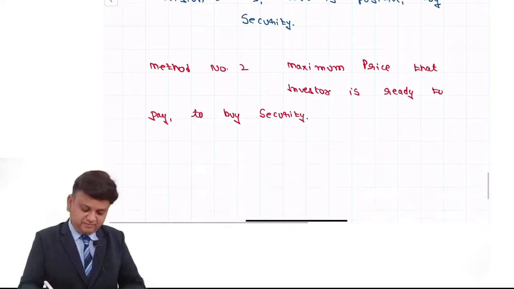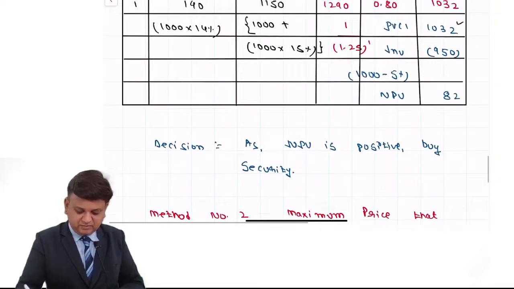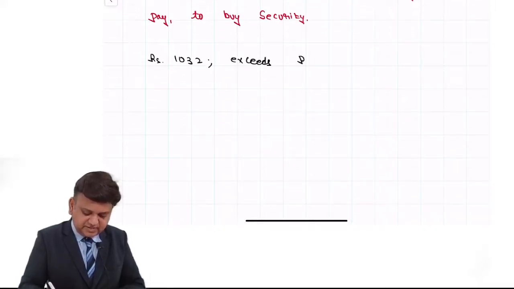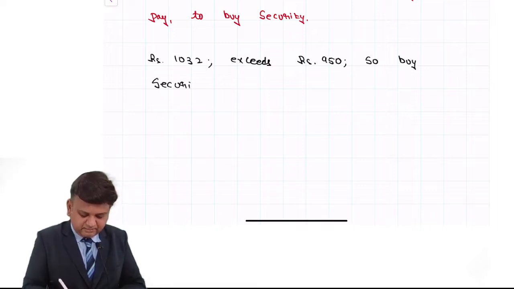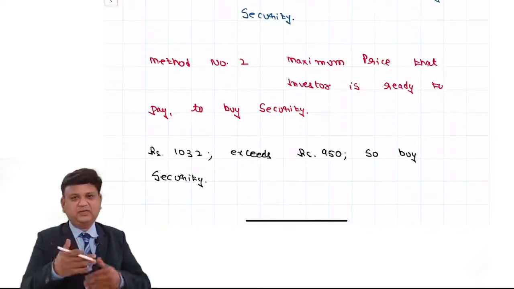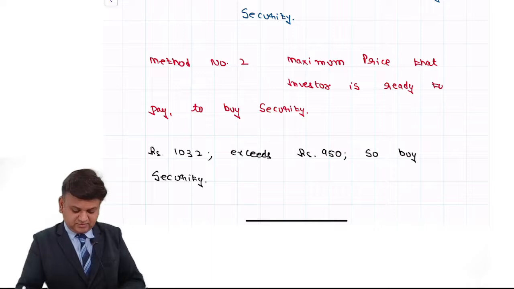So in that we understand rupees 1032, the value we have calculated, exceeds rupees 950. So buy security. The process of calculating 1032 is the same, so I'm not dictating that again. I'm just showing you that if we do the answer with the present value of cash flow method, the maximum price that you're ready to pay method, then this is the way you're required to present the answer.